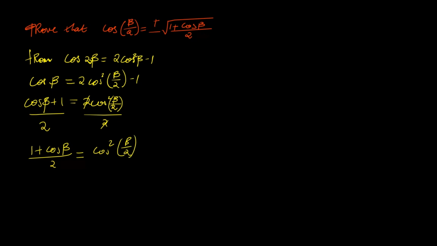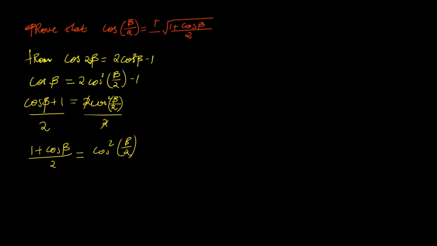But what I want is cos beta divided by 2, not cos squared beta divided by 2. So what do I do? I'm just going to introduce a square root on both sides.